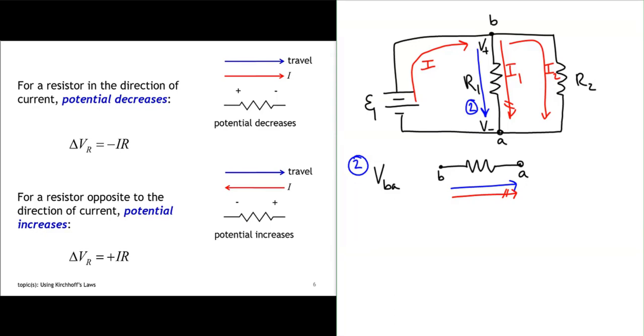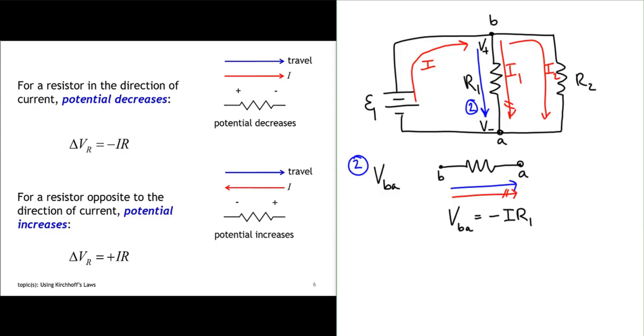It goes from higher potential to lower potential. So the voltage from B to A, since it goes lower, is equal to minus the current in that resistor times the resistance of that resistor. Key point, when your analysis is in the same direction as the current, it is a minus the product of the current and the resistance.